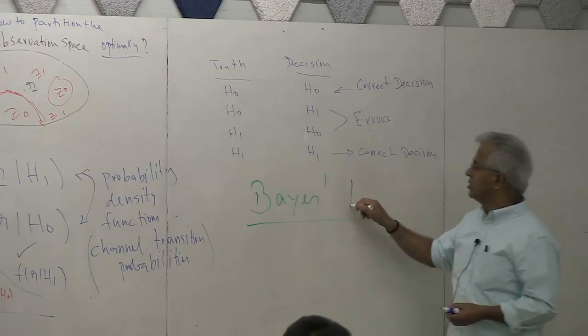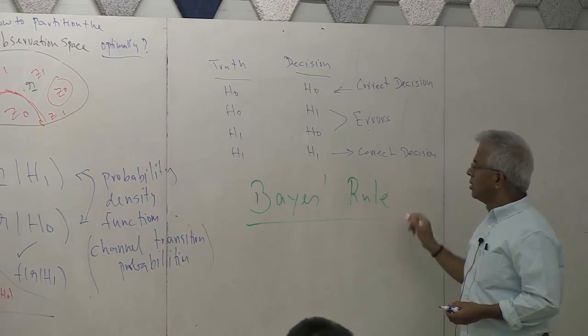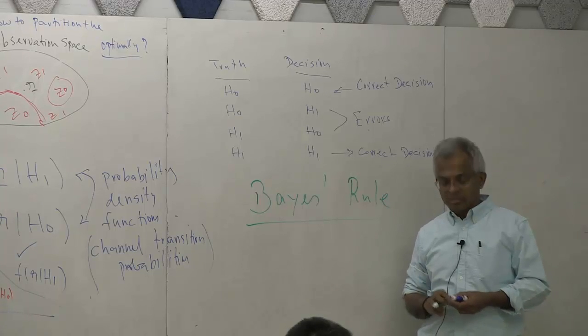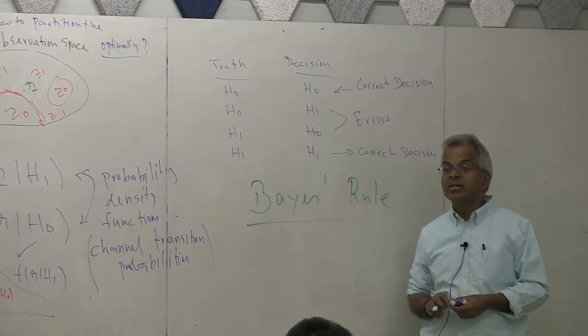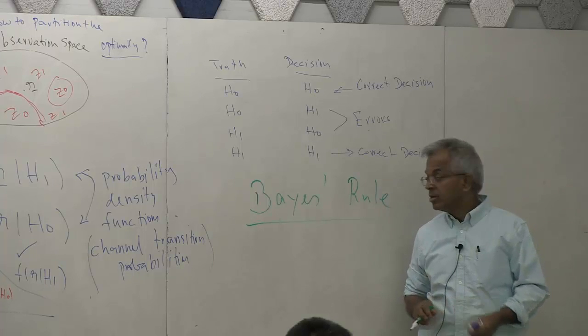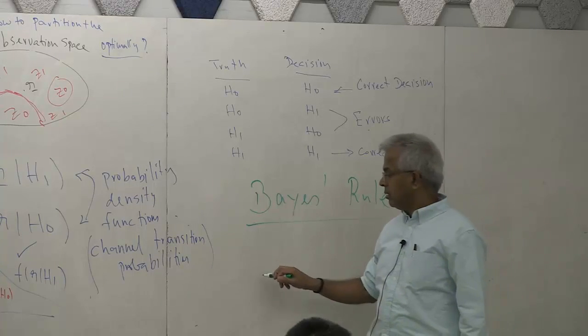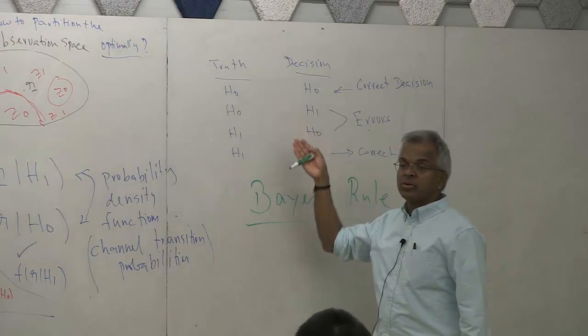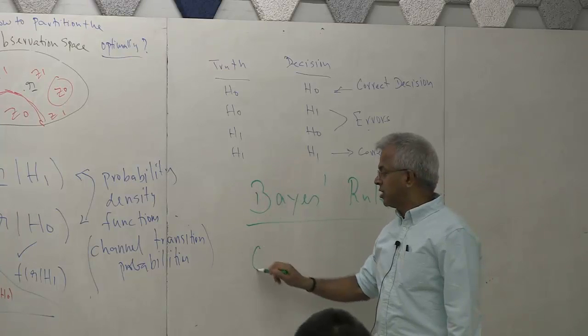So all this is known as the Bayes approach. Remember, we came across this Bayes earlier in probability. So the same fellow. Here the philosophy is that every action, good action or bad action, has a cost associated with it.